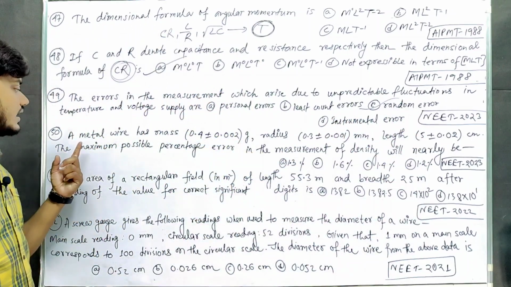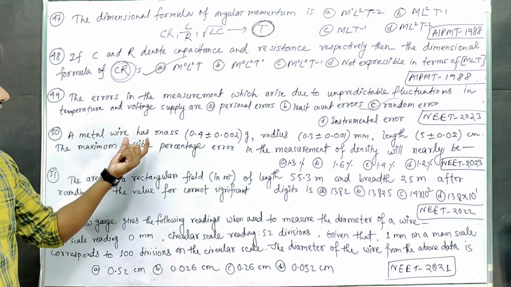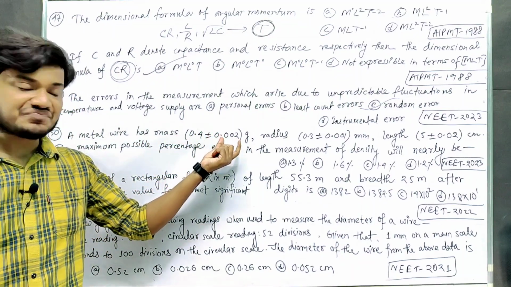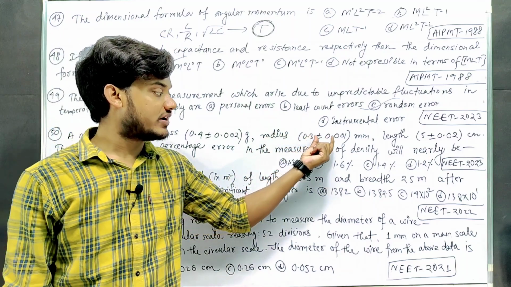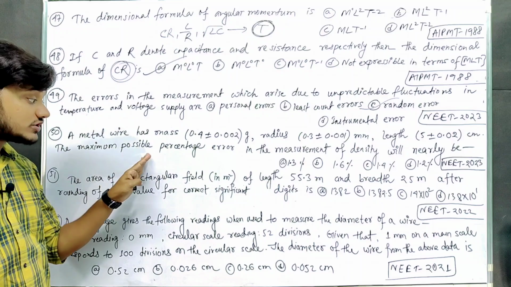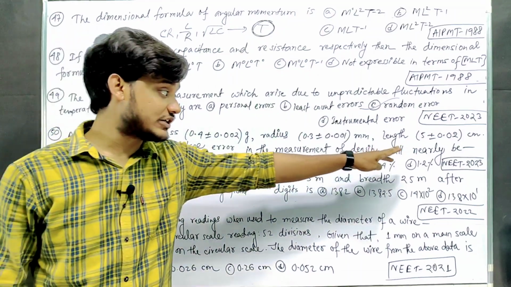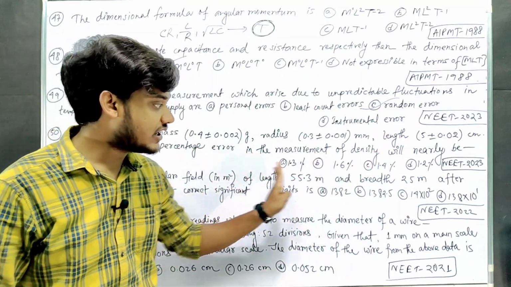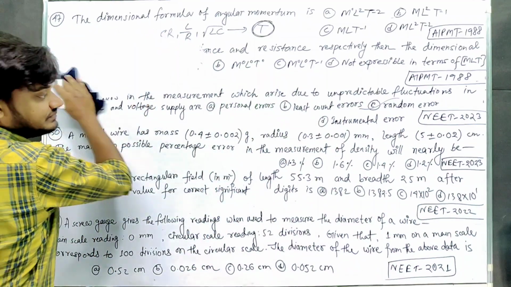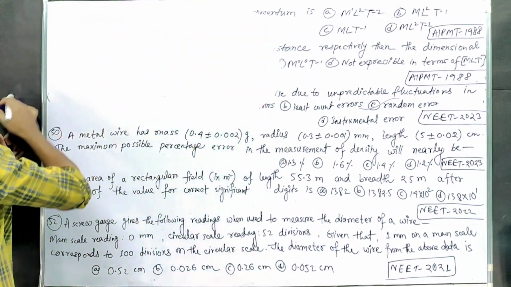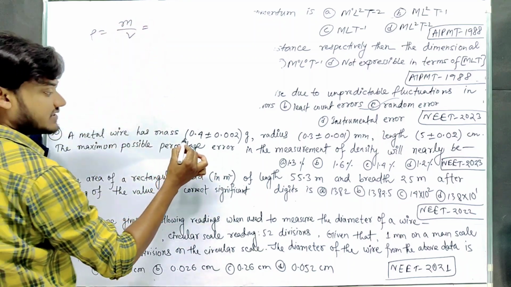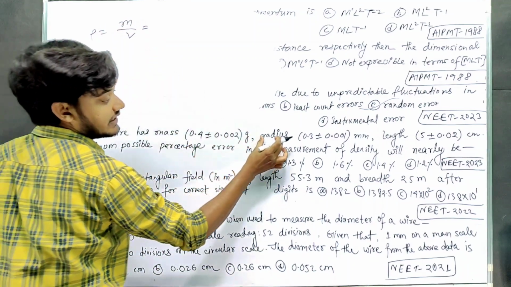Next, a metal wire has mass 0.4 ± 0.002 gram, radius 0.3 ± 0.001 millimeter, length 5 ± 0.2 cm. The maximum possible percentage error in the measurement of density will nearly be, options are given. We know density equals mass by volume. Here mass is given, but volume is not given, only radius and length.